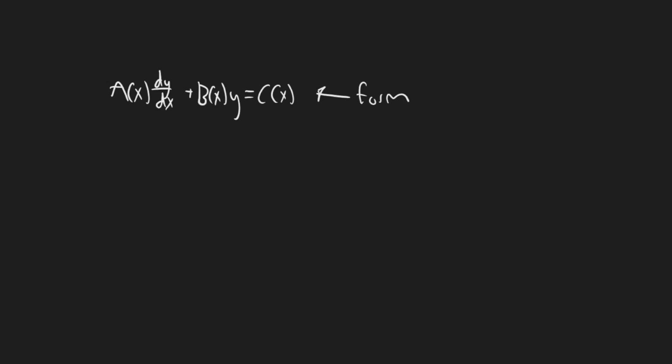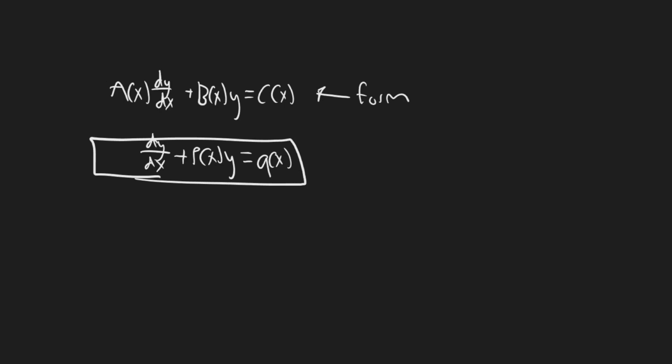So we divide by a of x, and we get dy dx plus p of x y, where p of x is just defined as b of x over a of x, but we call it p of x just for simplicity. We call this q of x for the same reason, just to rename something and make it a little bit shorter. This is your goal, to have your ODE in this form. So this is step 1, getting your ODE in this form.